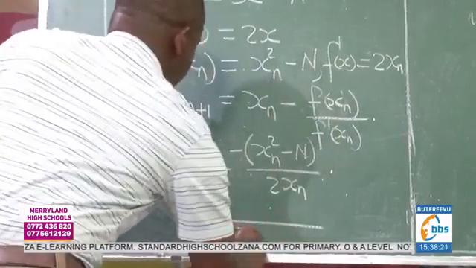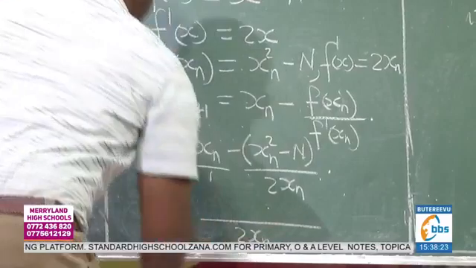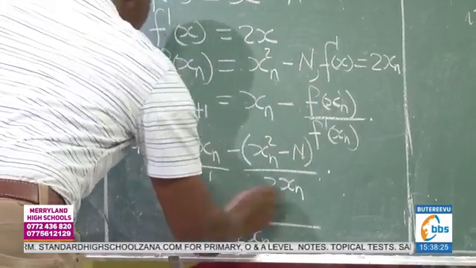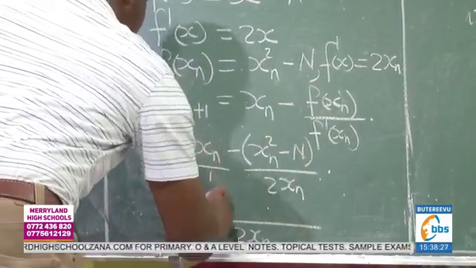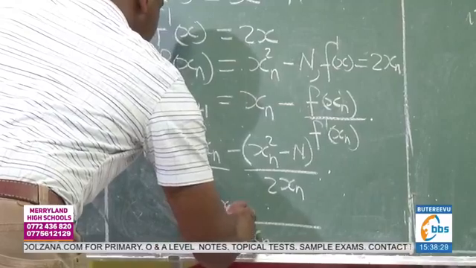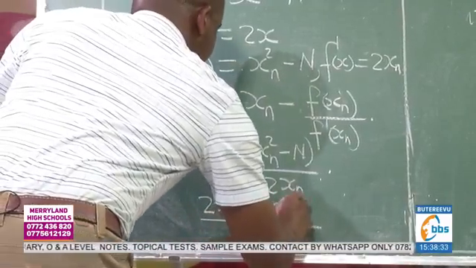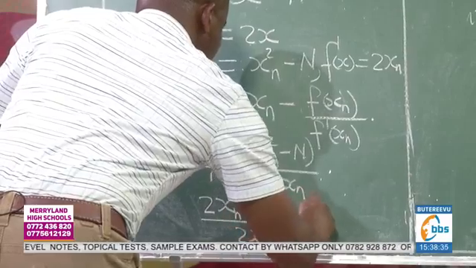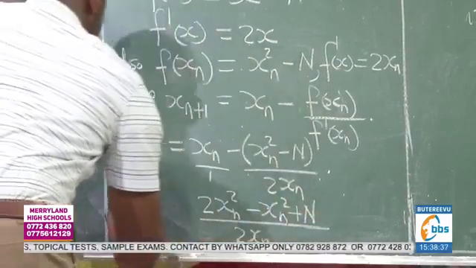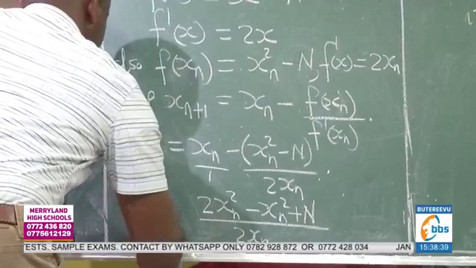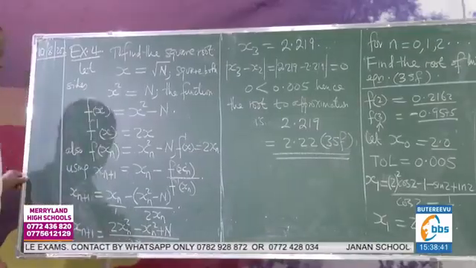The LCM is going to be 2xn. We divide it here. It gives us 2xn times xn, which is 2xn squared, minus xn squared plus n when we open brackets. This is our xn plus 1.